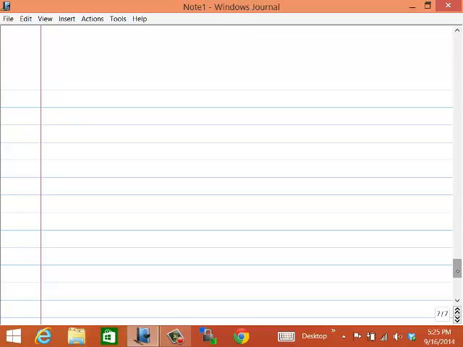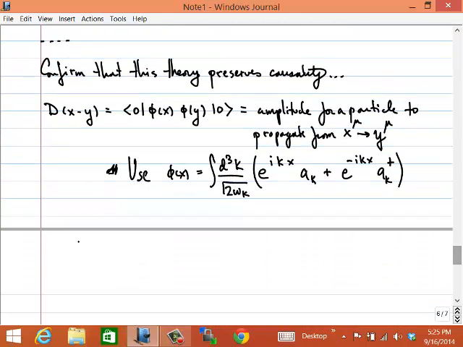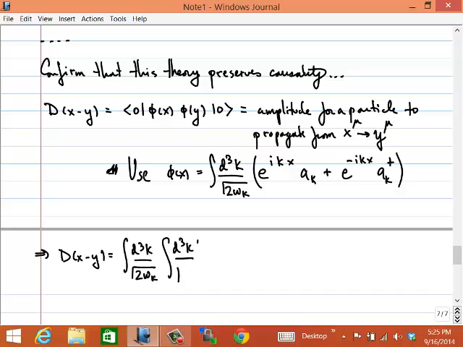So let's just go ahead and plug that into this formula. That means that D is going to be the integral d^3k over the square root of 2 omega_k times the integral d^3k' over the square root of 2 omega_k' times the expectation value in the vacuum of this at point x times the same thing at point y.